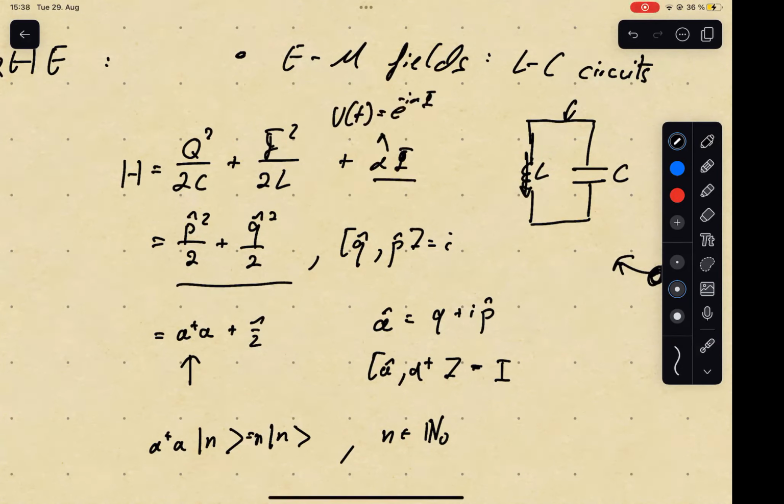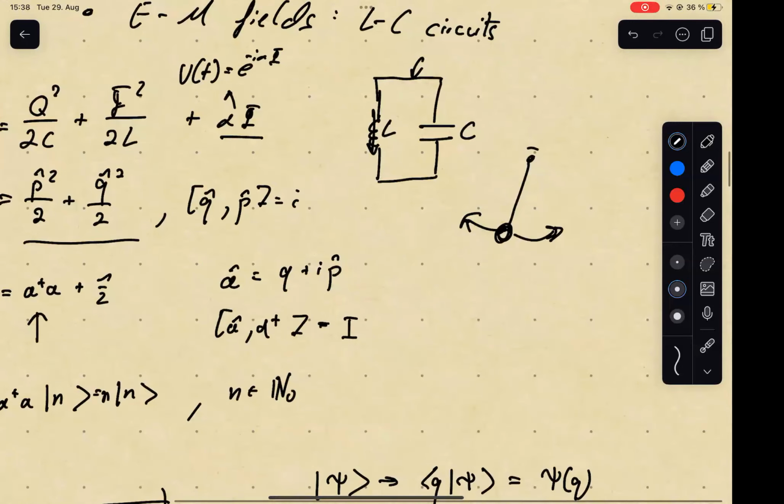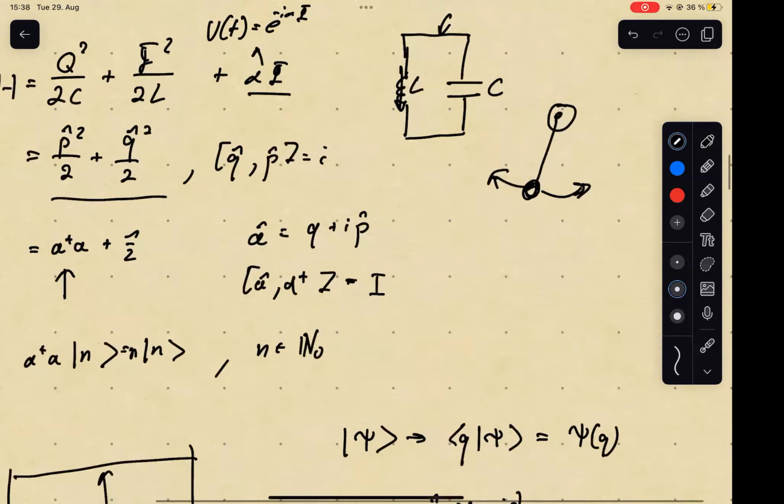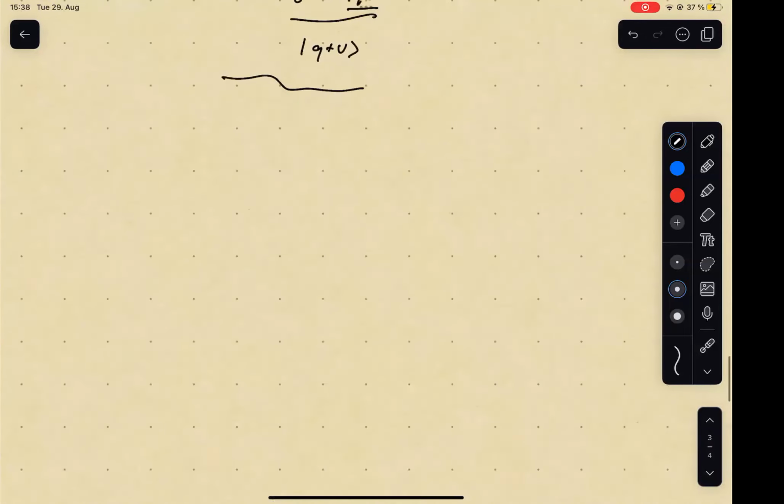So this displacement has a very natural physical implementation. You can also think about having a swing and adding a small motor to the swing. That's all that the displacement operator does, but in a quantum way.